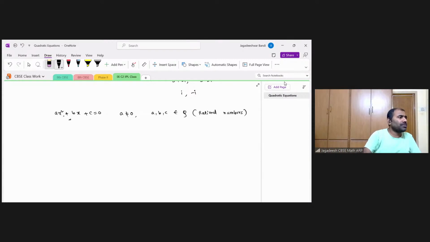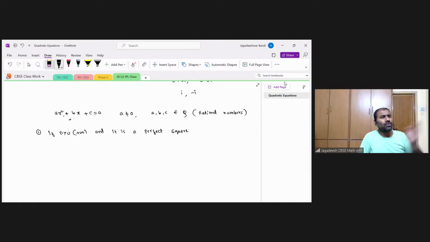Please observe carefully. So first one, as it is, if D is greater than 0, means the discriminant is positive, and it is a perfect square. A perfect square means what? If it is root 36 or root 49 or root 64, root 81, you all know perfect squares. Already we have studied squares and square roots in 8th grade CBSE.